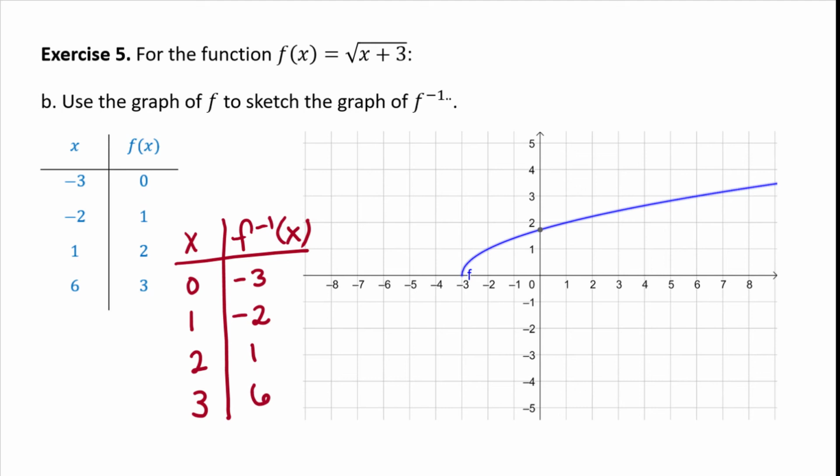So we'll do 0, -3, 1, -2, 2, 1, and 3, 6. Oh, 6 is not quite on the grid, but we'll estimate about there and connect the points. And that is the graph of our inverse function.